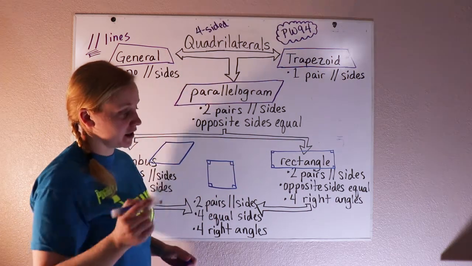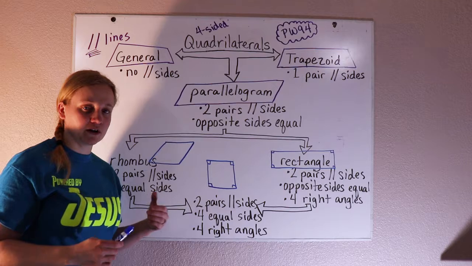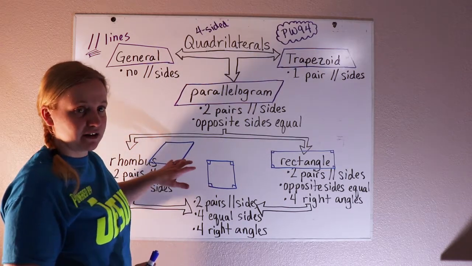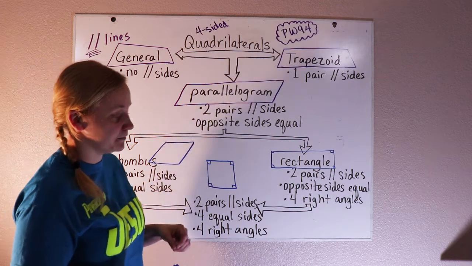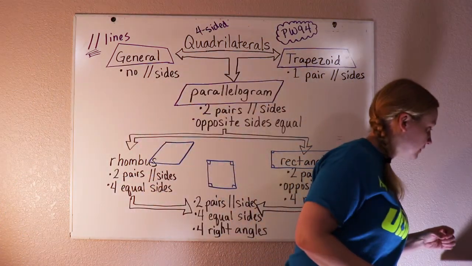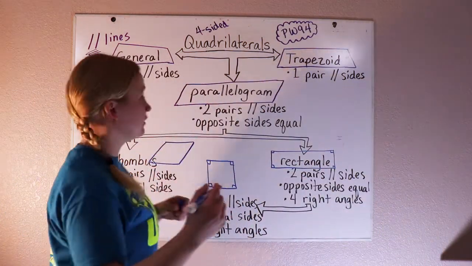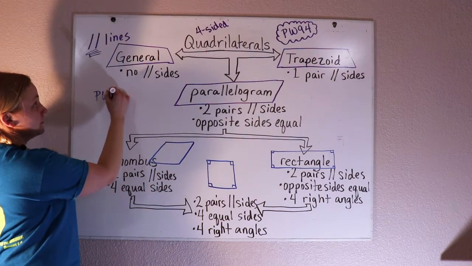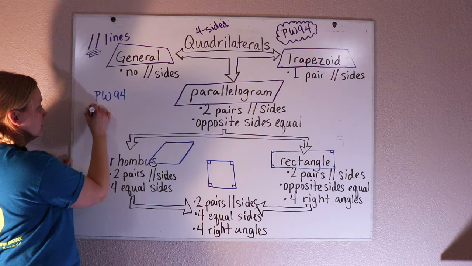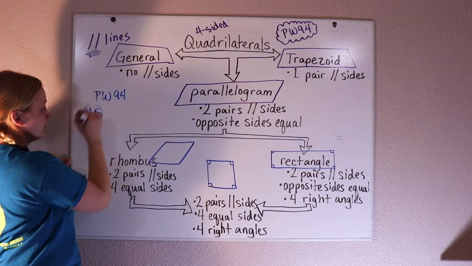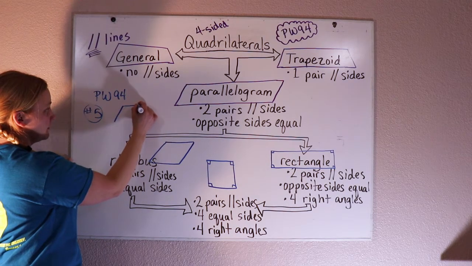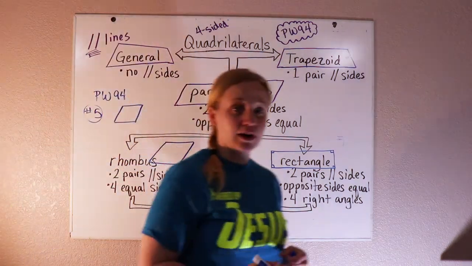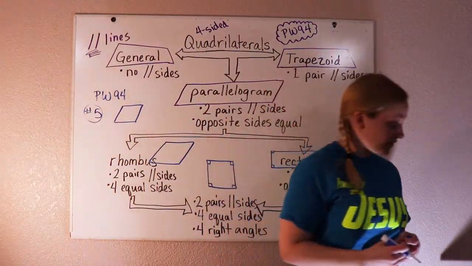So, the tricky thing, when you're looking at your worksheet, it asks you to classify the quadrilaterals in as many different ways as possible. If you have a shape that looks like number 5 on your worksheet, PW94, number 5, and it is that shape, they are looking for at least a couple of different answers.